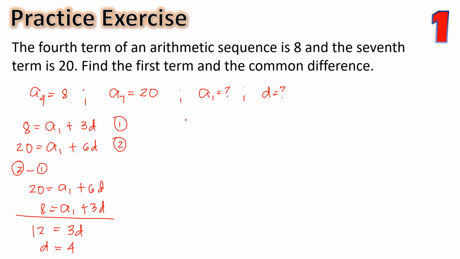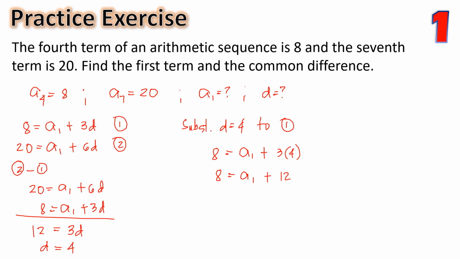Now we substitute d is equal to 4 to either equation 1 or 2 to get the value of a sub 1. Let us choose equation 1. So we have 8 is equal to a sub 1 plus 3 times 4. 8 is equal to a sub 1 plus 12 from 3 times 4.